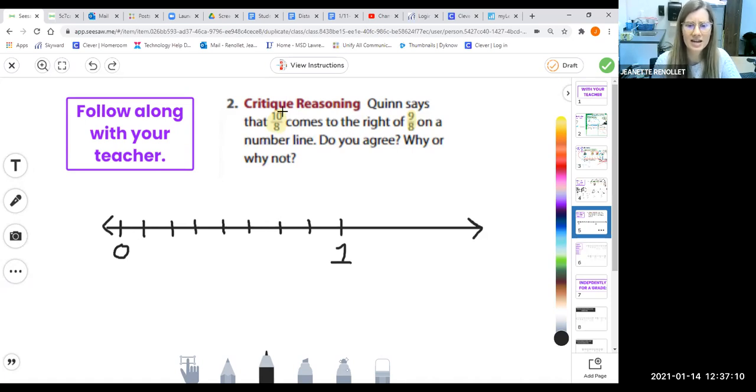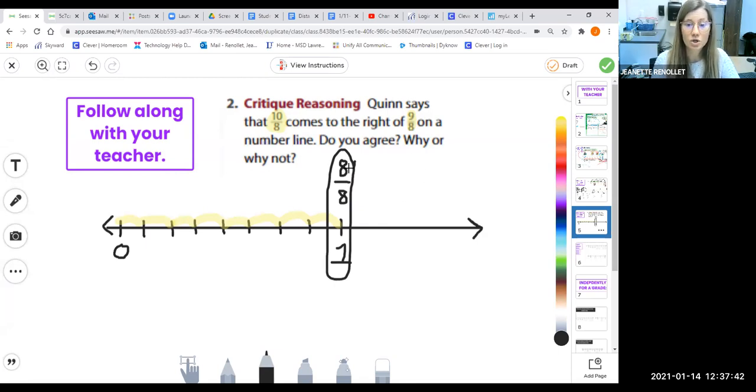He says that 10/8 comes to the right of 9/8. So I know that all of these are 1/8. And when you add them all together, when we get to 1 whole, that's the same thing as 8 1/8. These are equal. 1 whole is equivalent to 8 1/8.